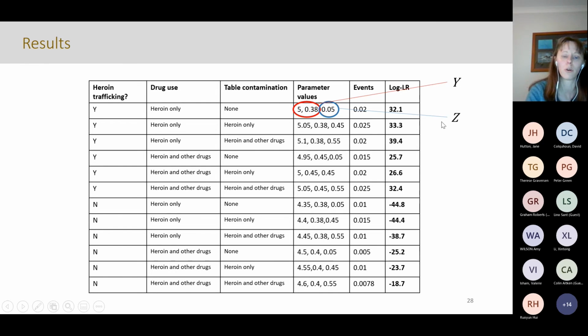But when we put all of this information into the model that I showed you before, we found that the log likelihood ratios were as follows for each one of these different scenarios. And they're quite encouraging, because when we assume each of these rows is the truth, we're getting a log likelihood ratio that is supportive of either the prosecution being more supported or the defense being more supported when these are assumed to be actually the case and real data. So that was quite useful.